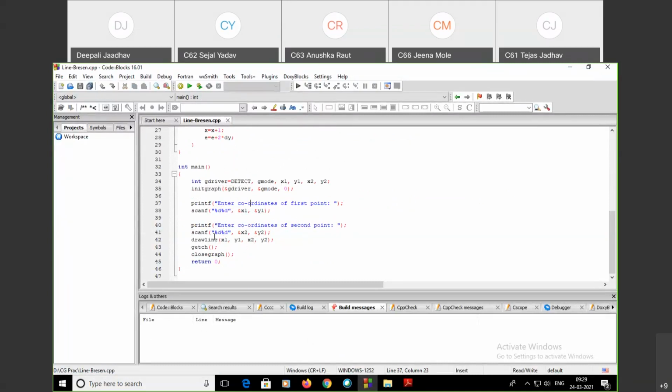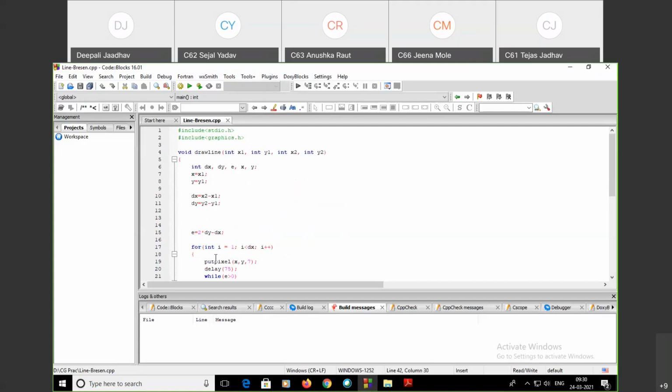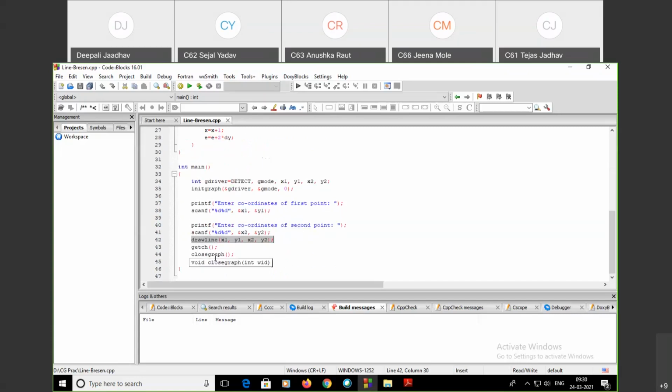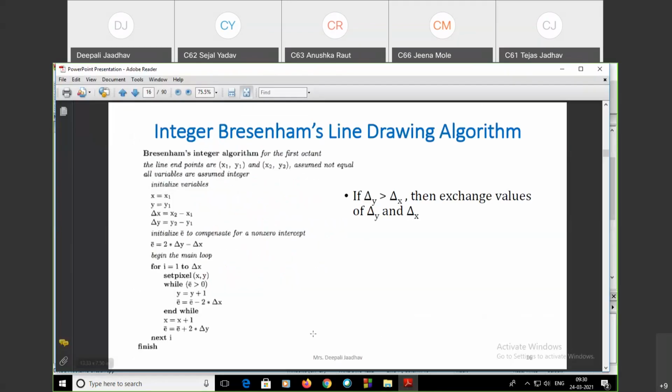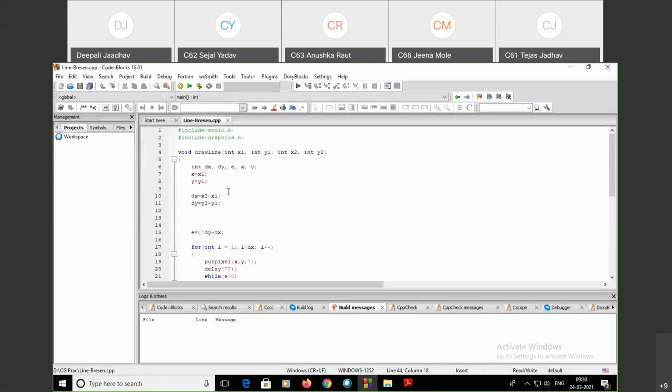Again using printf scanf we enter x2 y2 and call the function draw line x1 y1 x2 y2, and then that function draws the line and prints point by point, getch, close graph, and return 0 as we use in a normal program. So in this way, the same algorithm you can observe here is implemented here. It's a 10 to 15 minute task, remember that. Now I execute it and see the result.